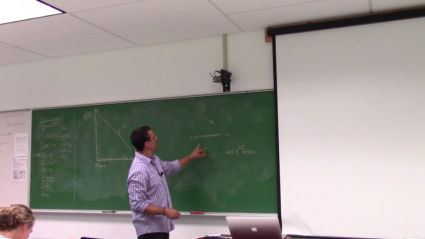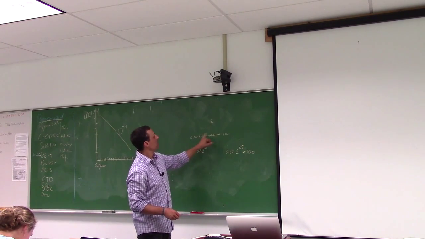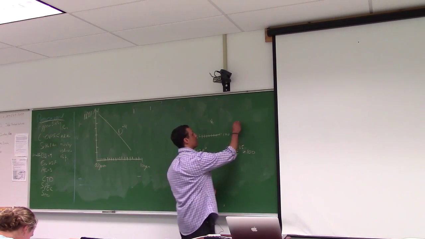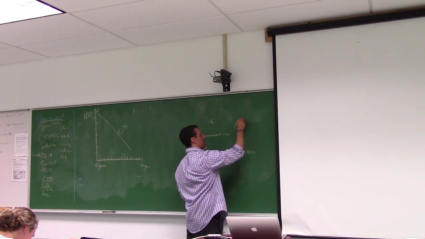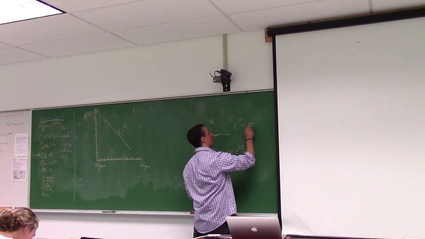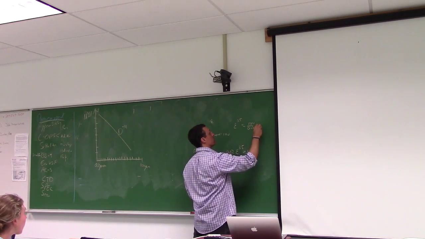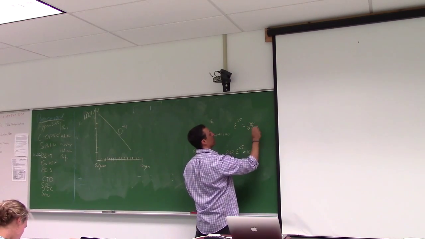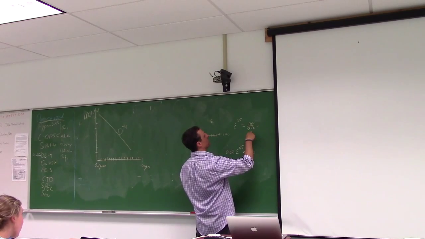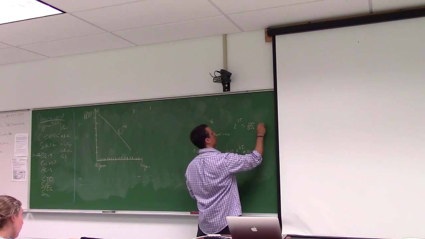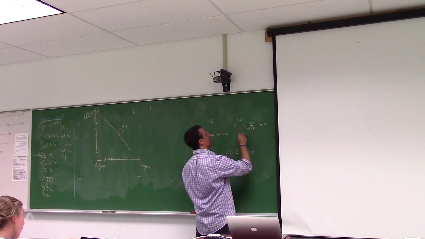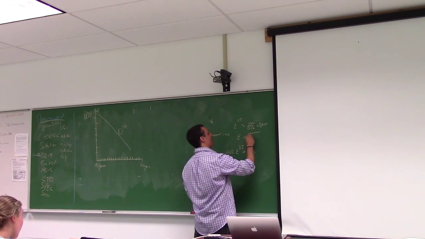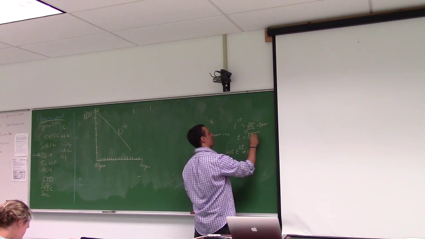Because the first one is 0, we get 35. So epsilon to the 35 equals 100 divided by 0.02, which is 5,000. Now epsilon equals the 35th root of 5,000. Anybody know what it is?